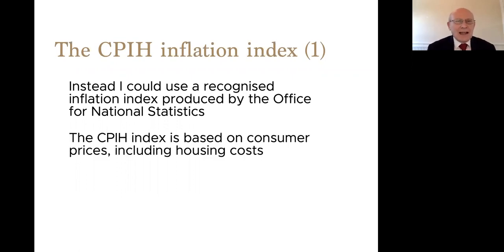The CPIH index is based on consumer prices, including, no doubt, the price of a loaf of bread, but it's also based on housing costs. So there's an element for rents or mortgage interest or whatever it is, which is a little bit more difficult for me to measure. And it's all weighted for the average consumer, whatever that may mean.